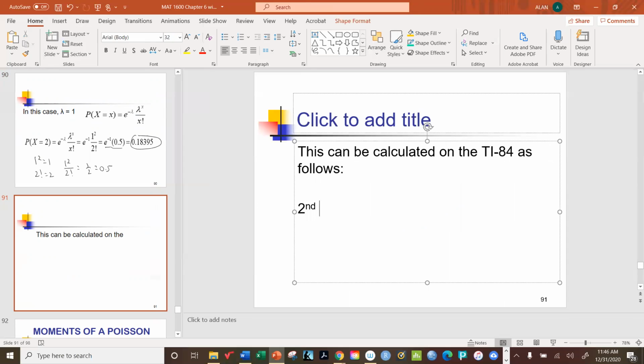You go to the second VARS menu, and you would choose Poisson PDF. By the way, you'll notice if you look at that list carefully, there is a CDF. Don't use it unless you're using cumulative probabilities. So if you scroll down, Poisson PDF is, on mine, option C.